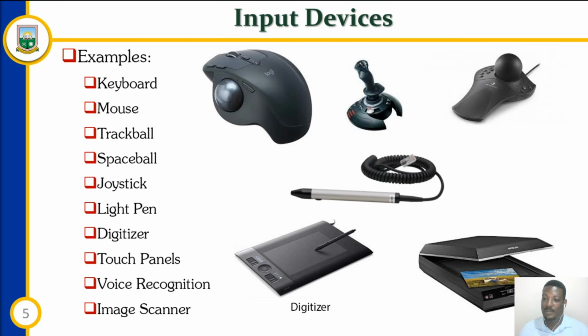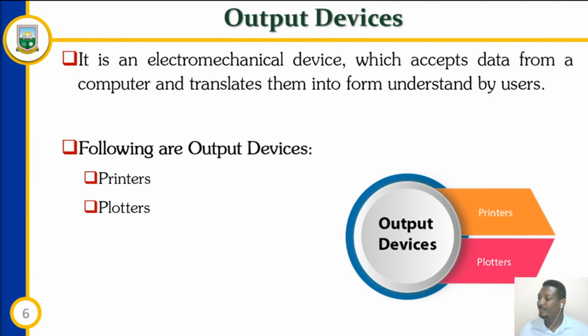So let's briefly talk about an output device. It's an electromechanical device which accepts data from a computer and translates that data into a form that is understandable by the user. The most widely used output devices are the printers and also the plotters.